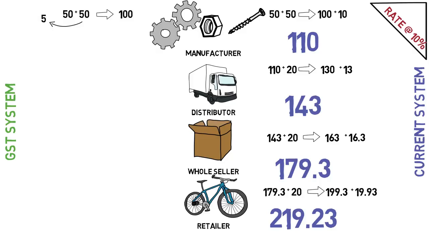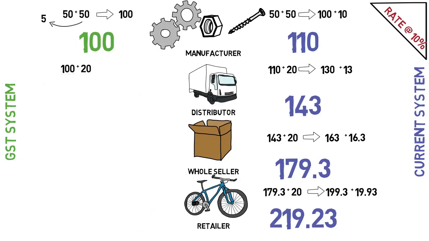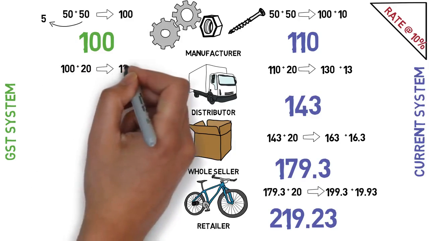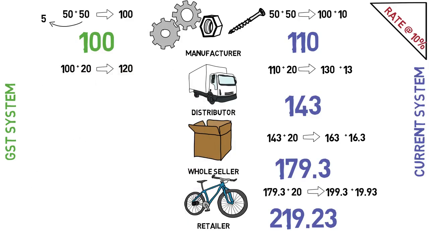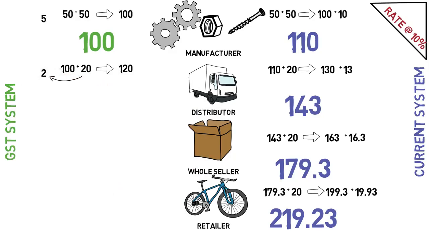But the selling price will not increase and the cost of the product for the distributor is 100 rupees only. Then the distributor adds 20 rupees profit and the product becomes 100 plus 20, which is 120 rupees. He pays the tax of rupees 2 on his profit of 20 rupees.